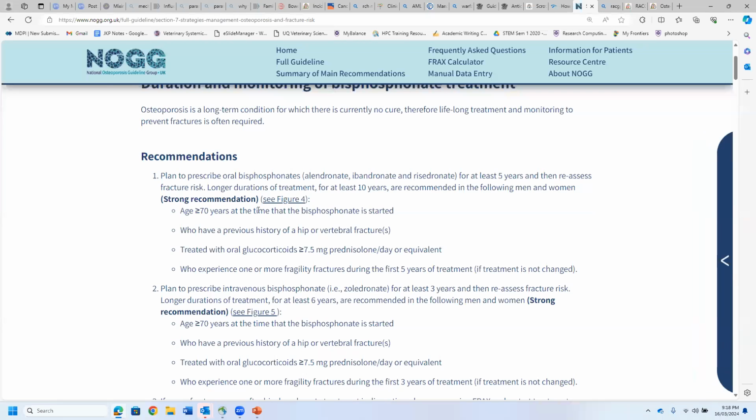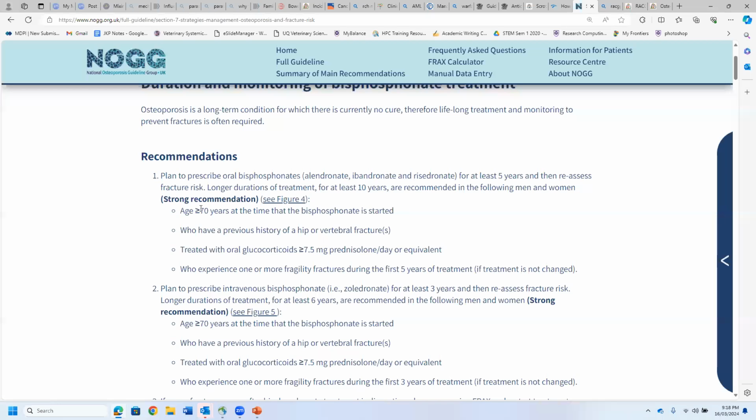Plan to prescribe oral bisphosphonates like alendronate, ibandronate, risedronate for at least 5 years. And this is the first line treatment. And then reassess the fracture risk. We usually don't treat the patient on bisphosphonates for more than 10 years.